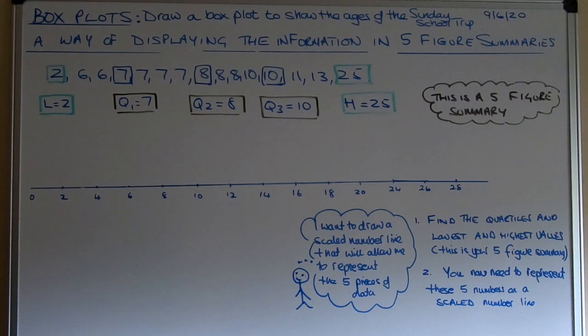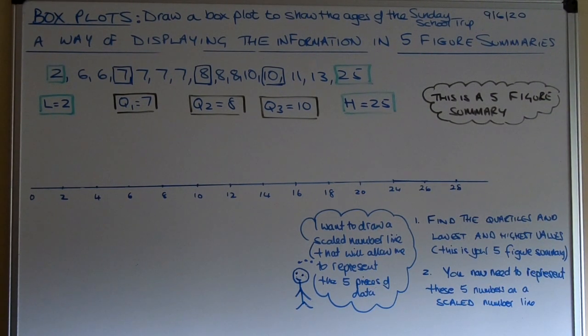So I have opted to go up in 2s, and I have scaled the line 0, 2, 4, 6, 8, 10, 12, 14, 16, 18, 20, 24, 26, and 28. So I'm going to stop there. I need to have from 2 to 25, and I need to have it in a scaled way that allows me to plot these points.